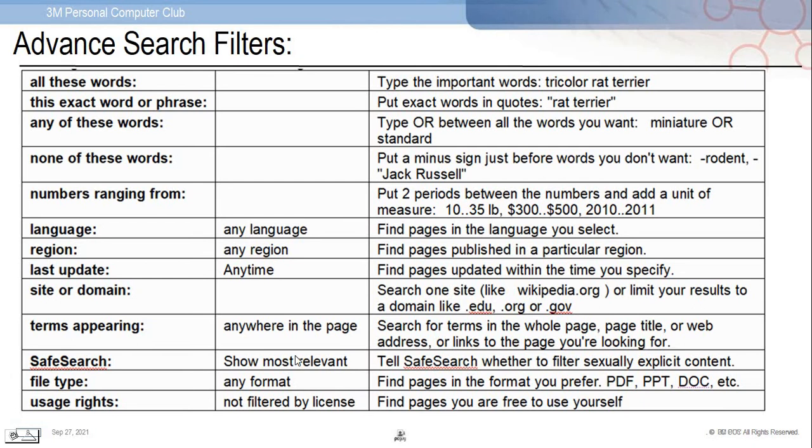Safe search, this is used if you have kids and you want it to filter out explicit content. File type, if you knew that you were looking for a PDF document, you can tell it, I just want to find PDF documents about a particular subject there.